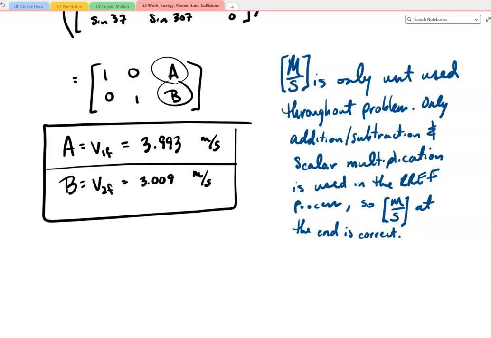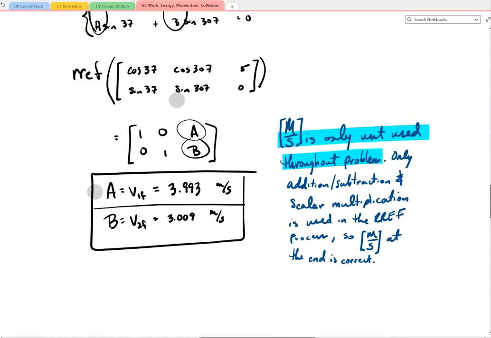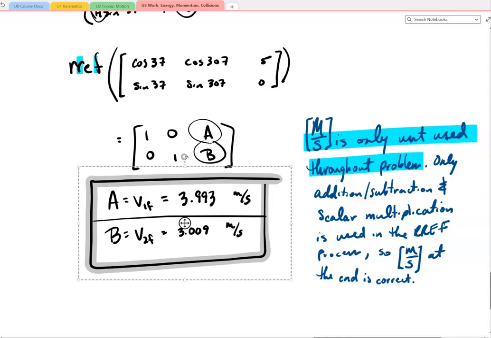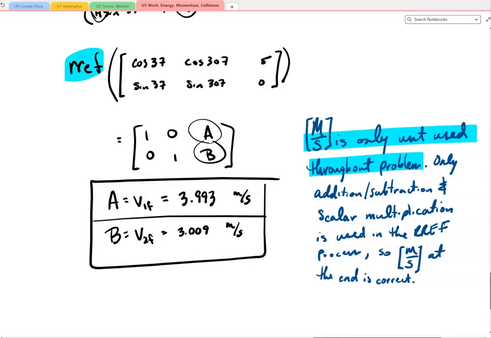This tells me that you were thinking about the dimensional analysis and you did spend some time verifying that it would work. I went ahead and made this comment here, to say that the meters per second is the only unit that's used throughout the problem. I think that's okay. But to take it just a little bit further and make sure that we all clearly understand why that works, our calculator is performing the reduced row echelon form command, and it does that by applying row operations to the matrix.